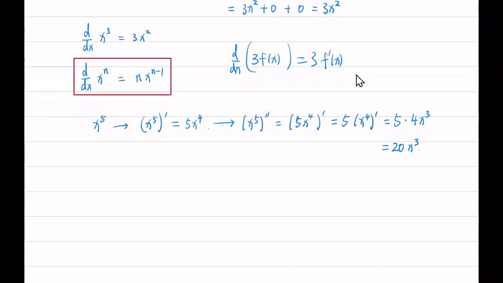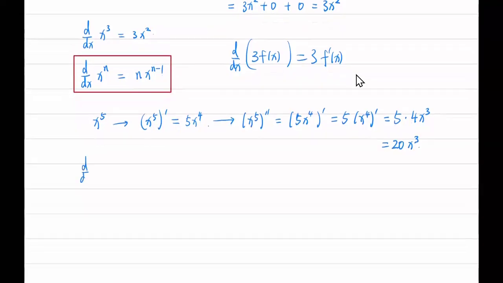Okay, so now summary, what we have done. The derivative of x to the fifth, just the formula, 5x to the fourth power. And the second derivative will be the derivative of the first.